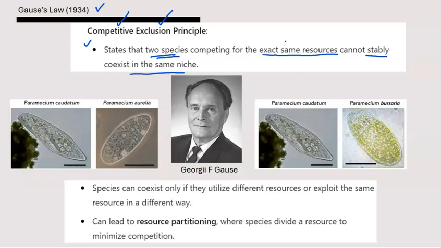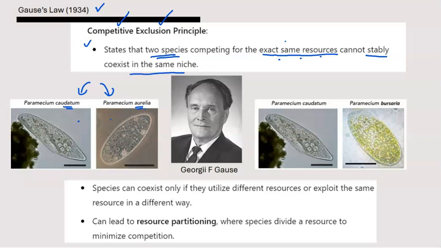So in Gause's work, he put together two Paramecium species, Paramecium caudatum and Paramecium aurelia, and these two species are known to have the same resource demands, and so they were competing for the same resources.